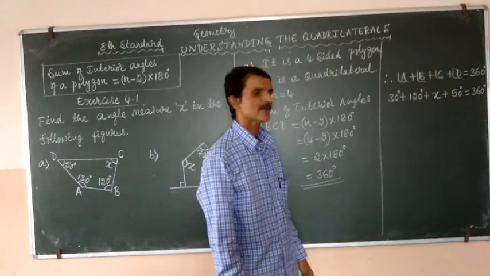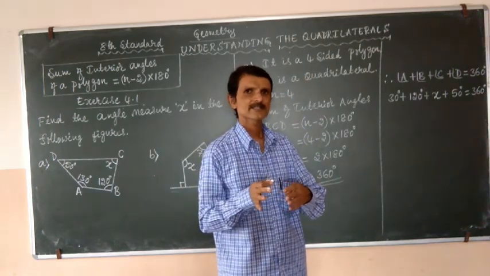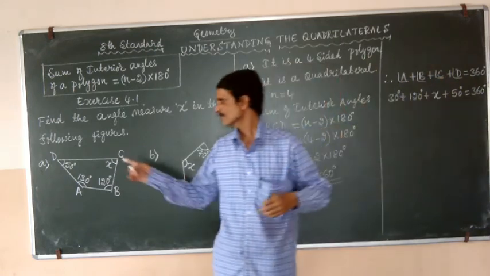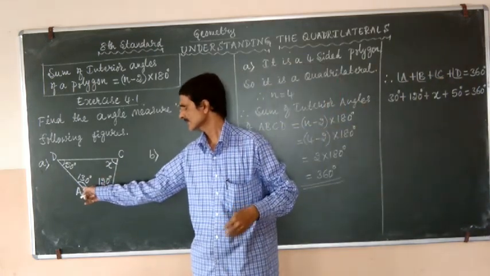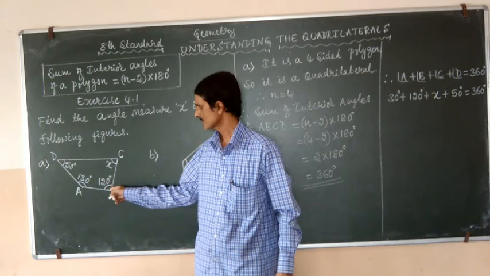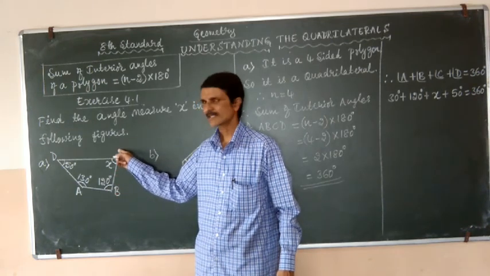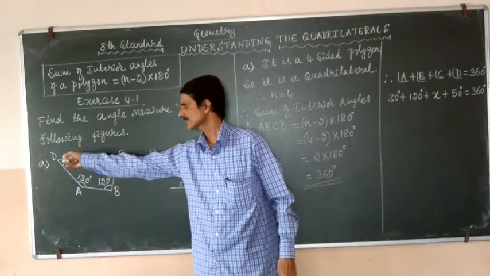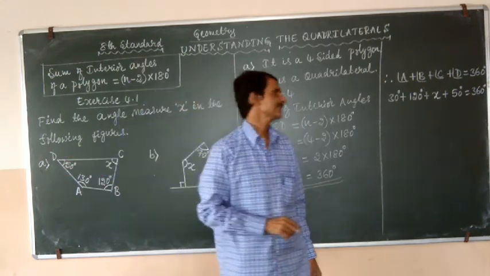Now I have substituted the value of each angle which is given in the figure. Angle A is 130 degrees, angle B is 120 degrees, angle C is x, that is we have to find out, and angle D is 50 degrees.